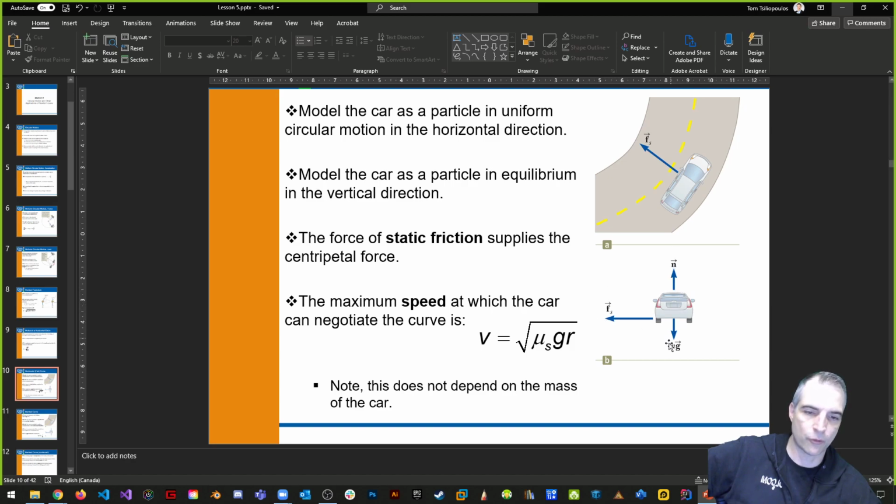Since the normal force is mg, we also want to take into account the radius. The radius gives us a lowering of energy, if you will, depending on how far out on the curve the car is.